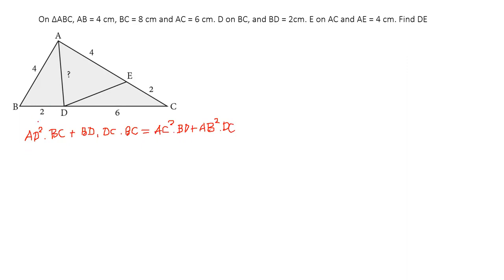We need to find AD. AD squared times BC: BC is 8. BD is 2, DC is 6, BC is 8.